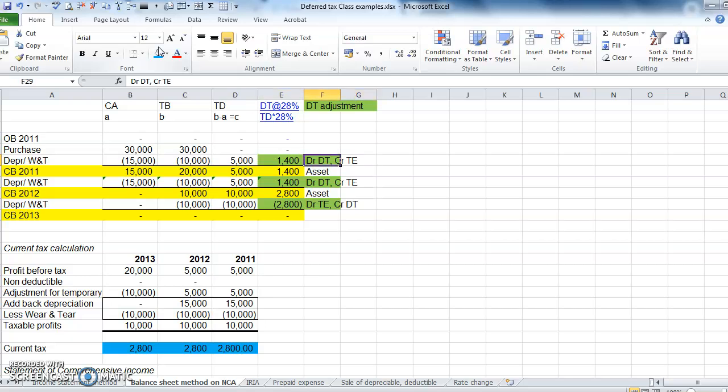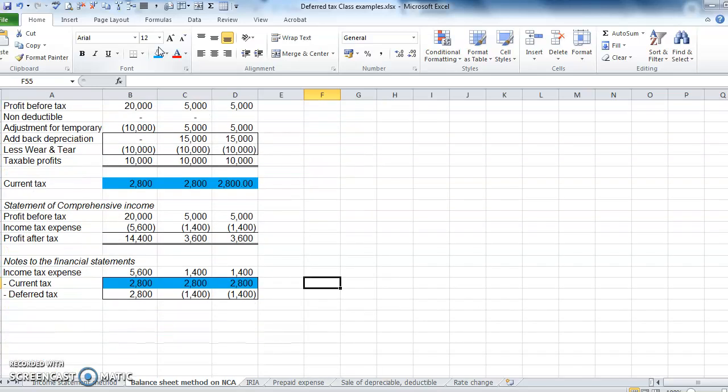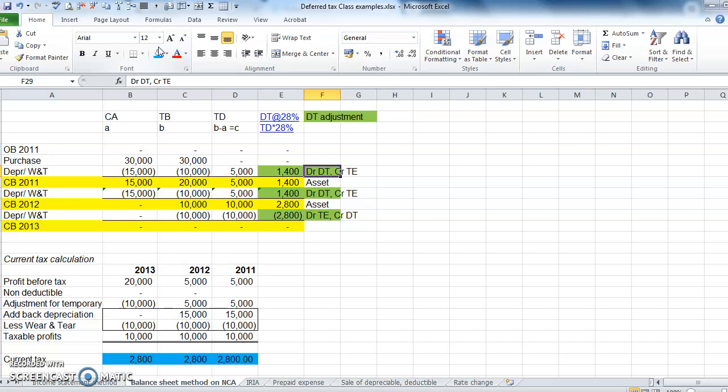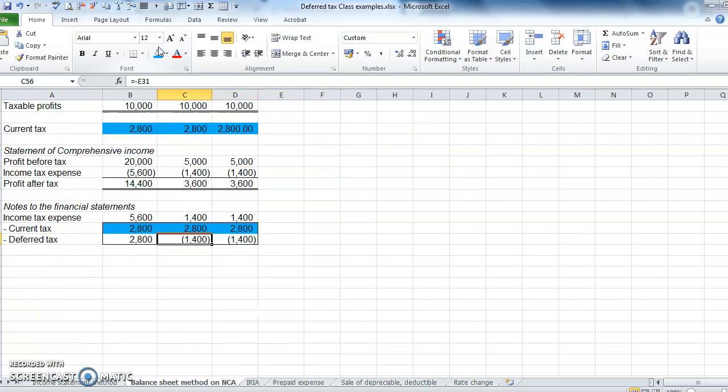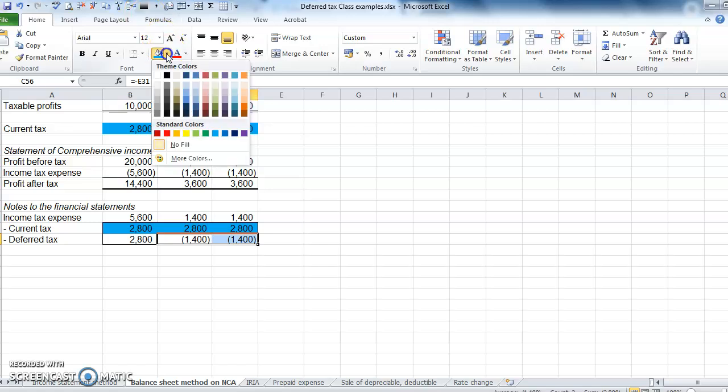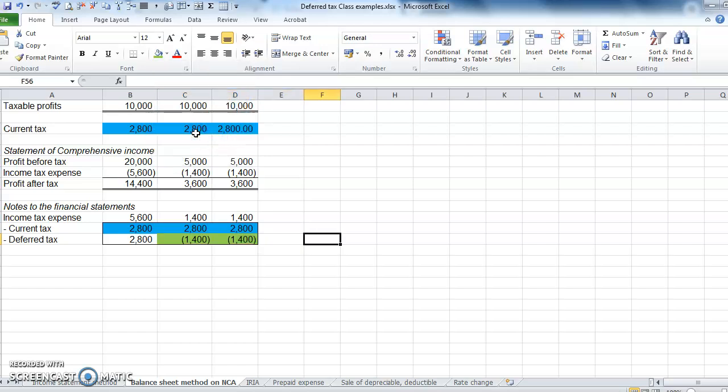So we need to decrease our tax expense by 1,400. The 2,800 current tax minus the 1,400 adjustment in both years gives us a total income tax expense of 1,400.